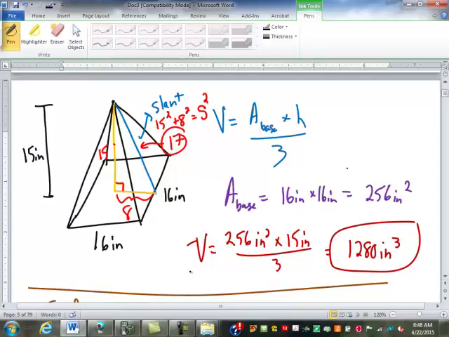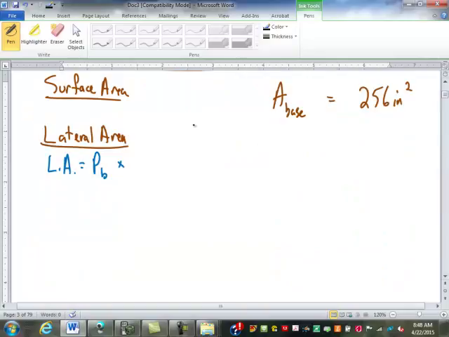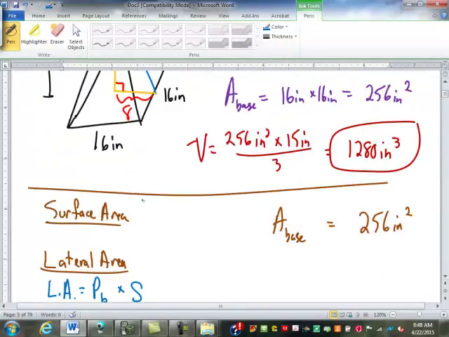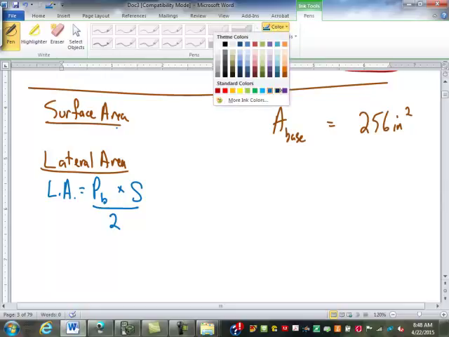Okay. So we've got a slant of 17. So it's going to be the perimeter of the base times the slant. And now all those shapes are not rectangles anymore, they're triangles, so divided by 2. Since we're dealing with an area, it's divided by 2.